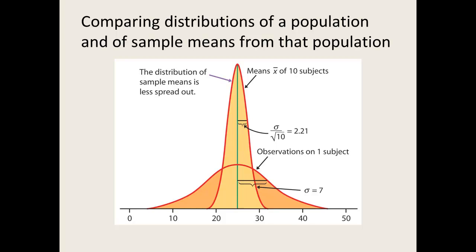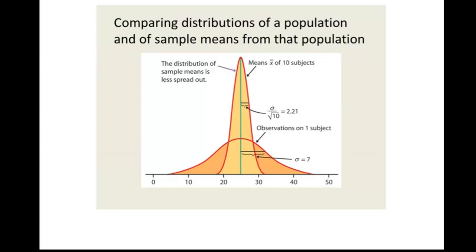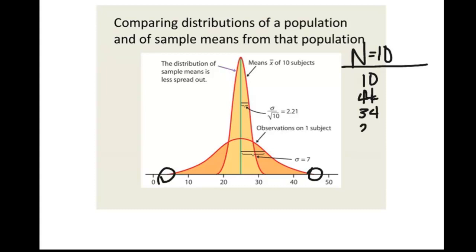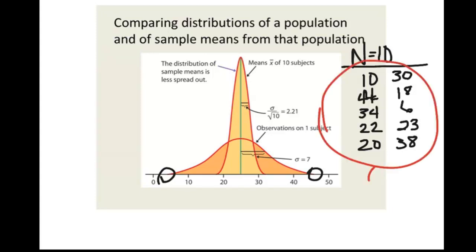For example, using the scale for the dark orange distribution, where the values seem to range from around 5 to 45, if a random sample of n equals 10 scores were selected, the sample might look something like this: 10, 44, 34, 22, 20, 30, 18, 6, 23, and 38. The sum of these 10 scores is 245.